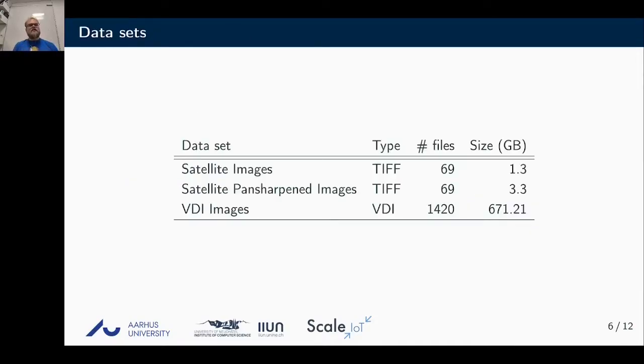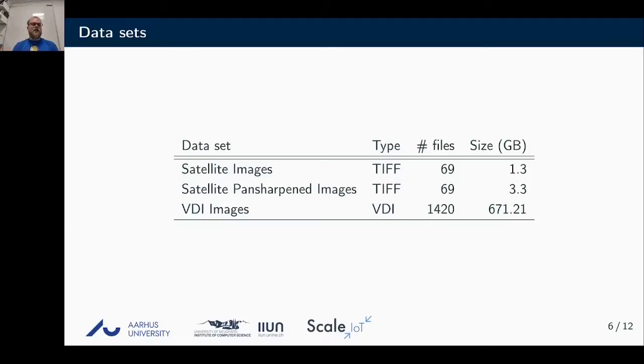For the datasets we have a satellite image dataset and a pan-sharpened version of the same satellite images, consisting of 69 files each and 1.3 gigabytes in size for the first one and 3.3 for the last one.